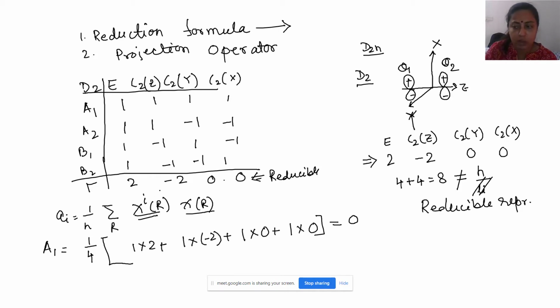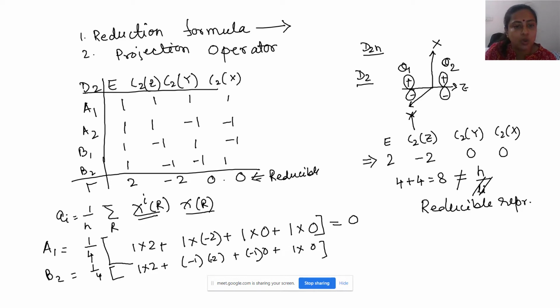Let me find out about B2. So again, as I have told you, I am going to first write down the character of the reducible representation and then the character of the irreducible representation B2. So 1, minus 1, minus 1, 1.